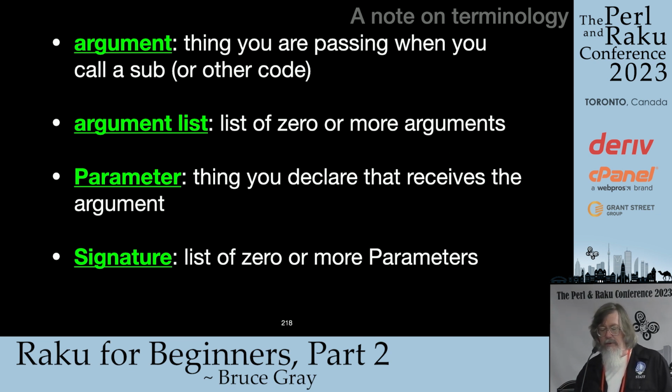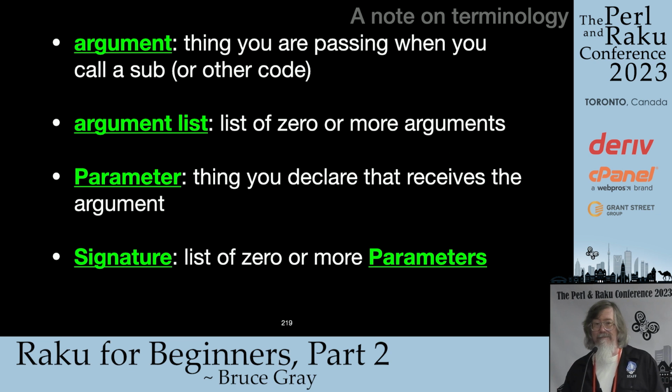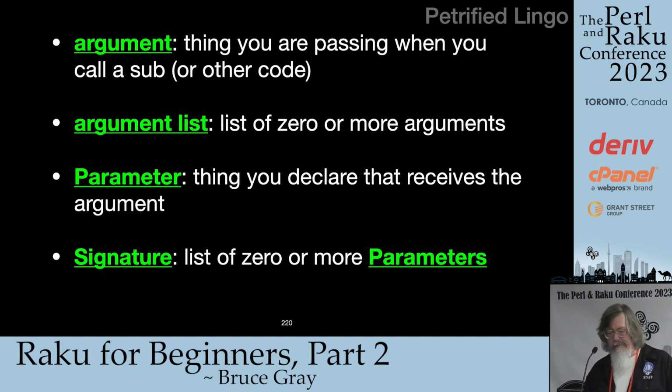Because signature and parameter are both object classes, types. We can ask things like, is this sub's second parameter required? You can introspect at that level. We try and stick to official terms in error messages and documentation. So it's worth getting clear on it if you're going to be deep in this.